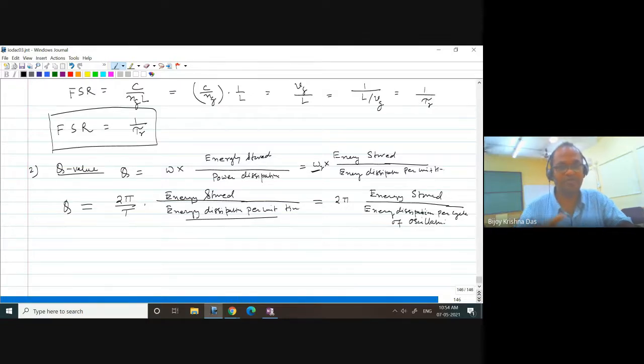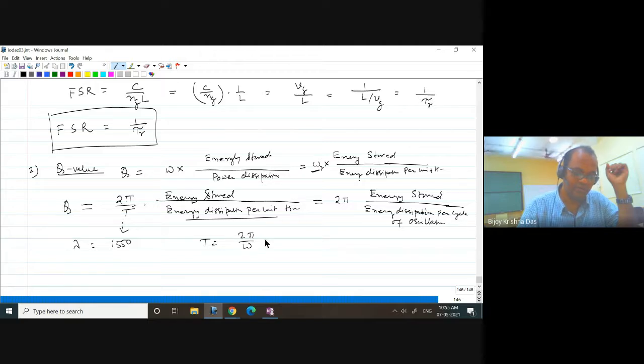Normally, if I am considering 1550 nanometer wavelength, what is the T value? Do you know that? If lambda equals 1550 nanometer, we know time period T equals 2 pi by omega, which is 1 by nu, right? So if you can calculate the frequency, then you can find the time period.